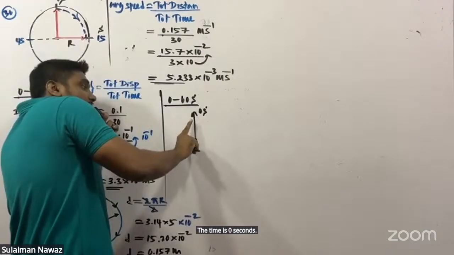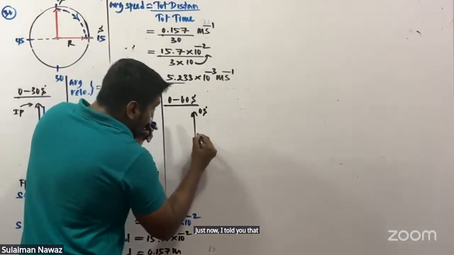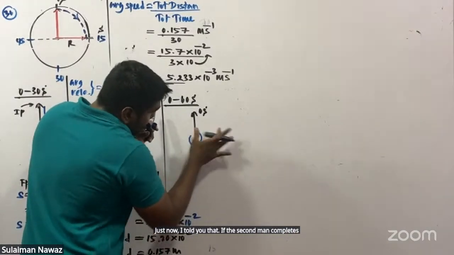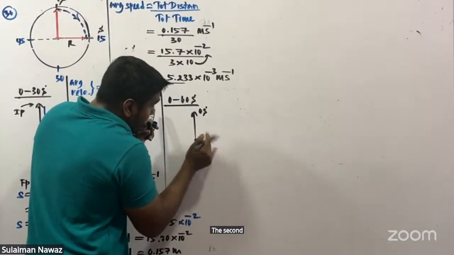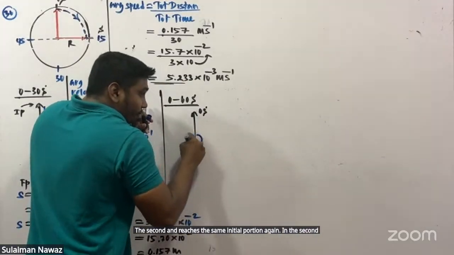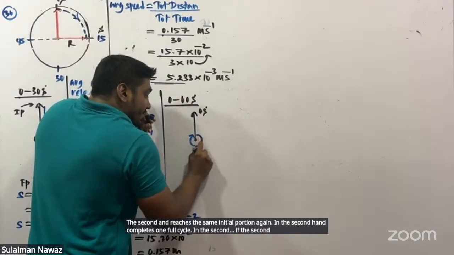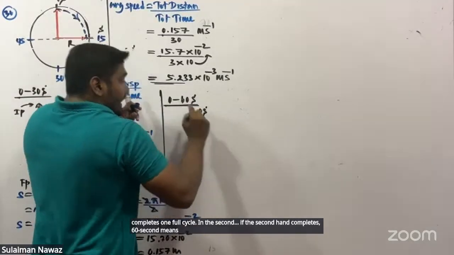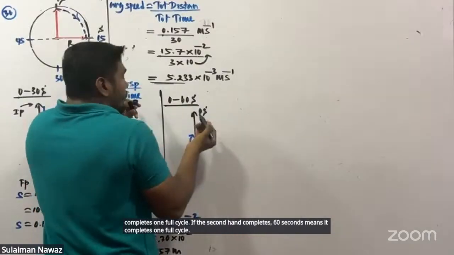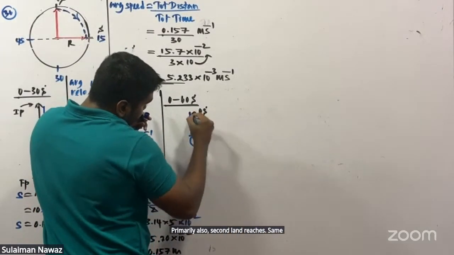After traveling 60 seconds, as I told you just now, if the second hand completes 60 seconds it completes one full cycle and reaches the same initial point again.